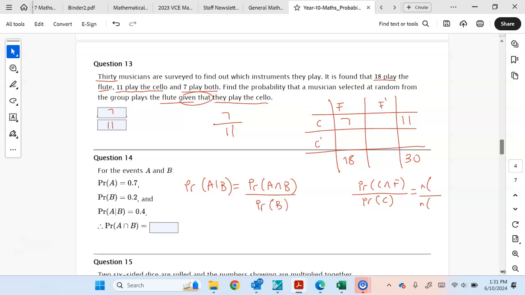A given B is 0.4. A and B is what we want, and B is 0.2. So X is going to be 0.4 times 0.2, which is 0.08. Again, you could do that on your calculator. We did not need the probability of A.